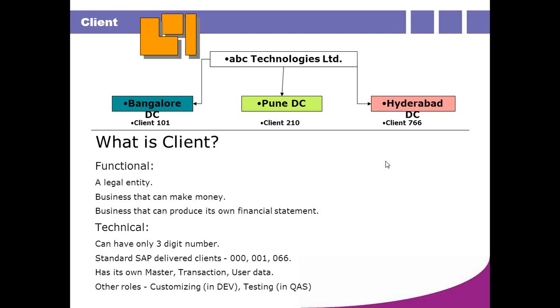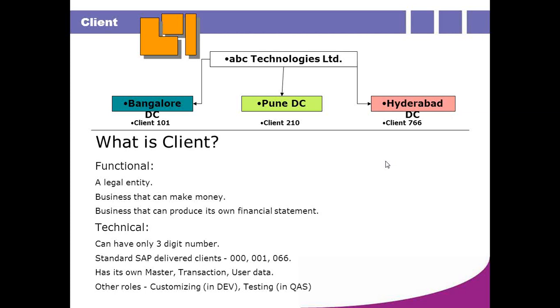That means my requirement is that physically my data is in the same single database, and logically it is separated. I don't want the Bangalore team to see or modify Pune and Hyderabad data, and vice versa. How is it possible? Yes, this can be possible through the client mechanism in SAP.